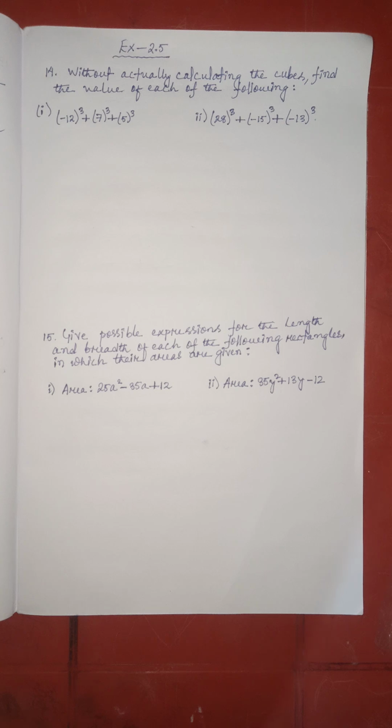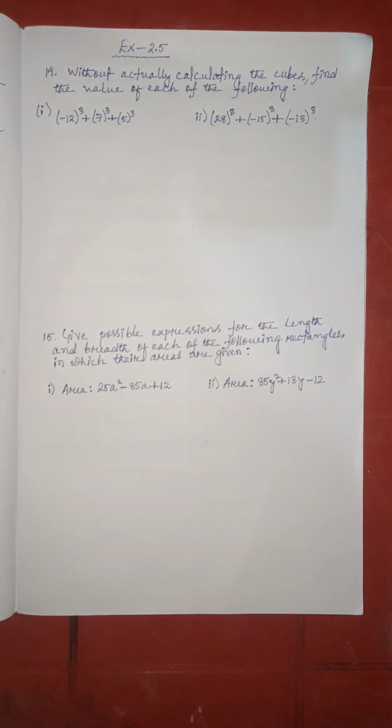Here, instead of cubing directly, we have to use identities on the given numbers, and whatever value we get will be the answer. Is it clear? That's what the question has asked us to do.